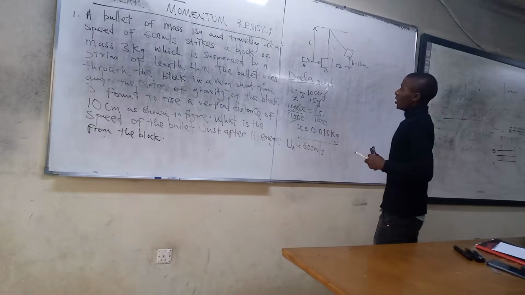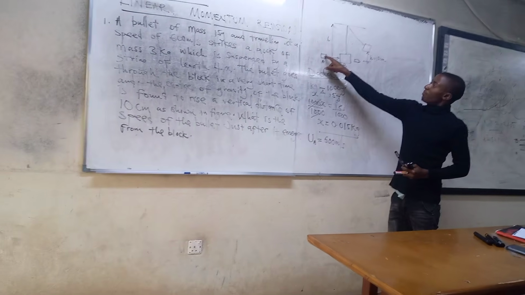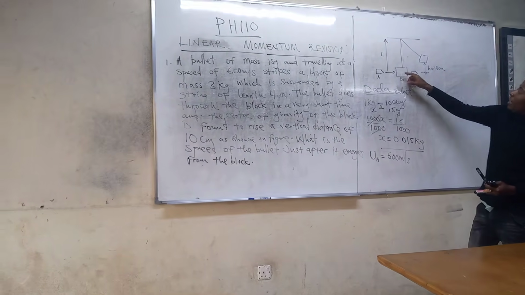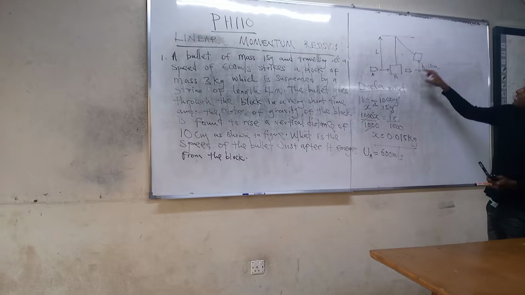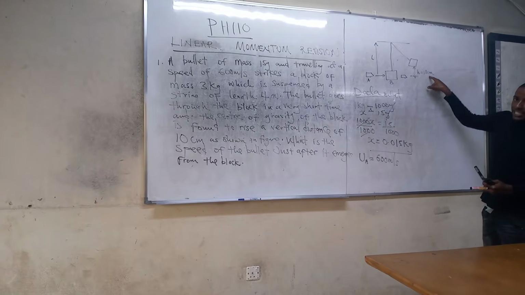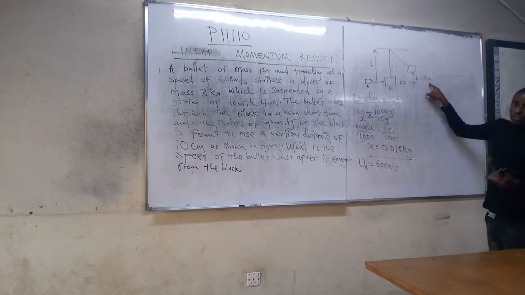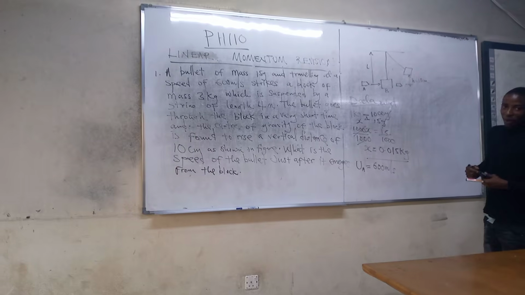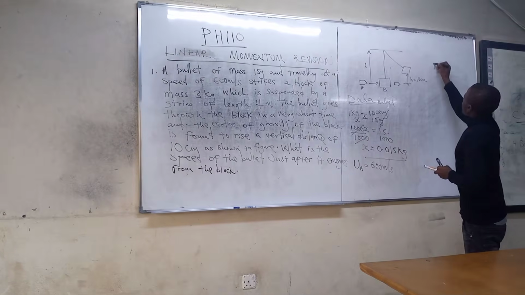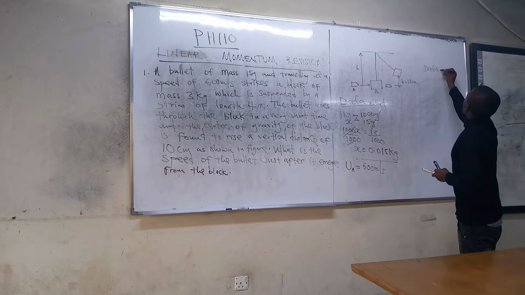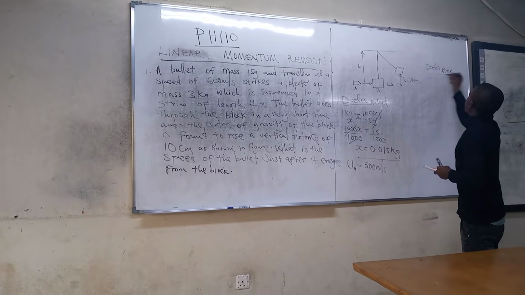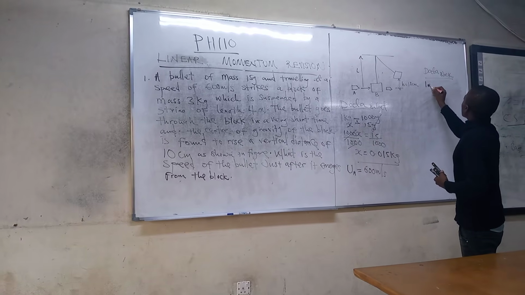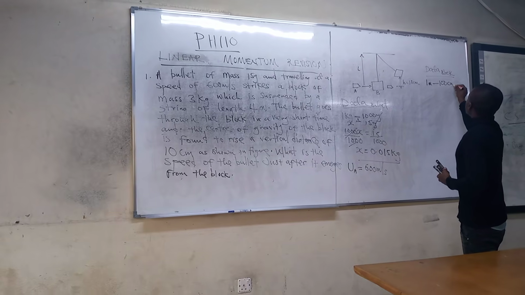Now, what about the block? The question says, after this bullet strikes the block, this block raised and made a height of 10 centimeters. Now, the height is supposed to be in meters. So we are going to convert that 10 centimeters to meters. So, data for a block. We know that 1 meter is equivalent to 100 centimeters.